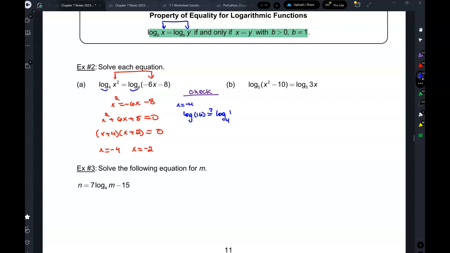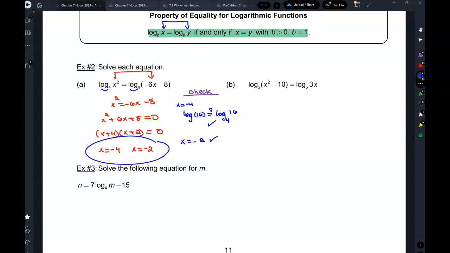What do we get? 16, so it works. Okay? Go ahead and check if -2 works. It does? It does. So x equals -2 also works. So those two are the answers.